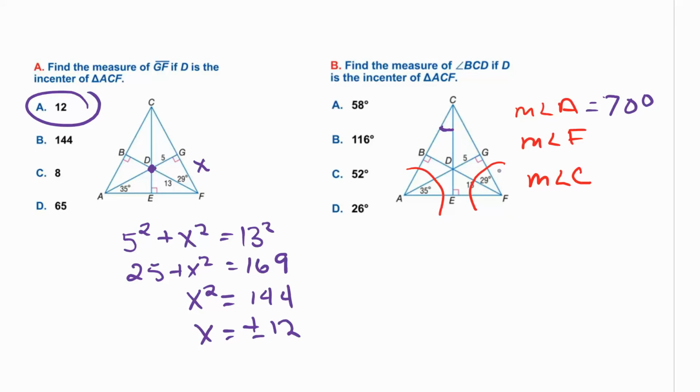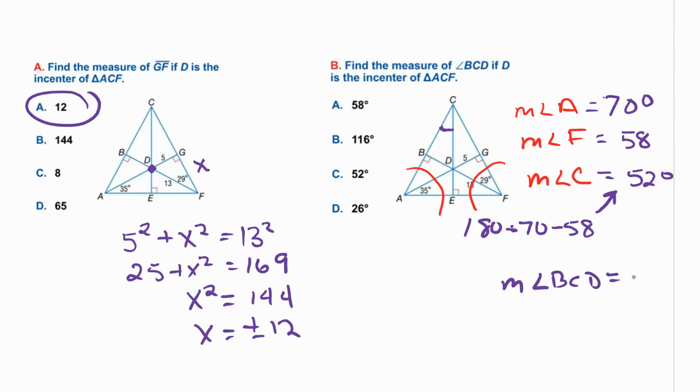The measure of angle F is 2 times 29, which is 58 degrees. I would add those together and subtract from 180. So 180 minus 70 minus 58 gives me 52 degrees. I would divide that by 2, so the measure of angle BCD is 26 degrees.